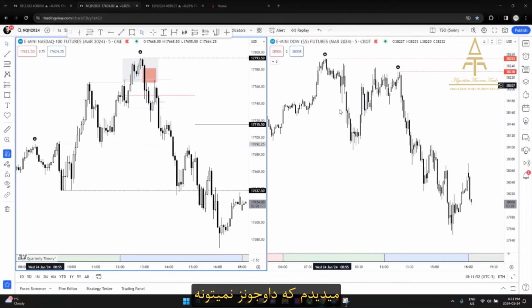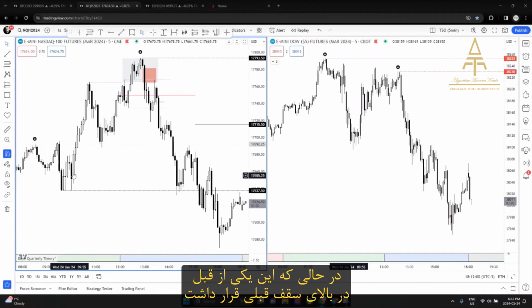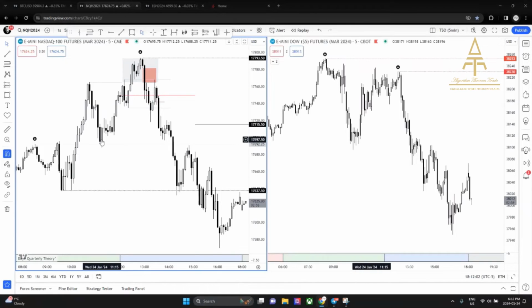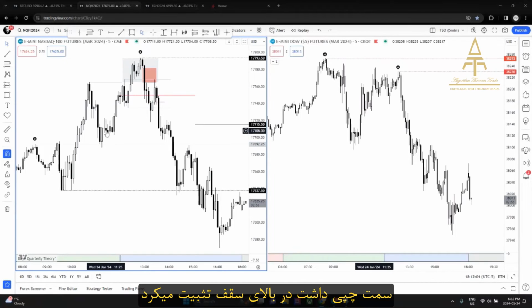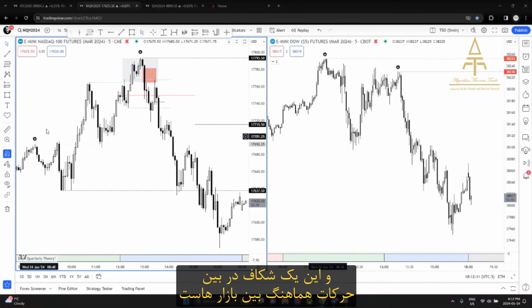I could see that the Dow was failing to get above the highest high which formed in Q3, while this was already above it, consolidated above it, while this was below it, can't push above it. And that is a cracking correlation, right?